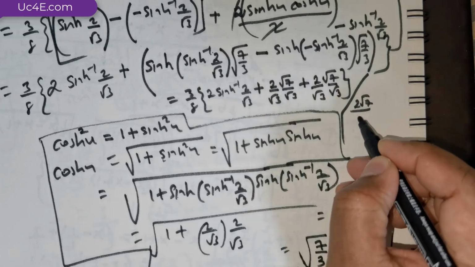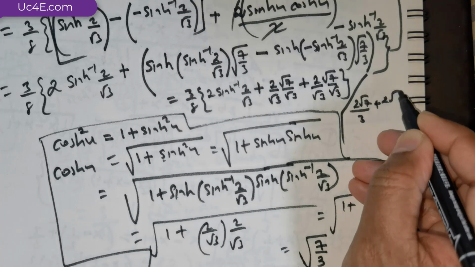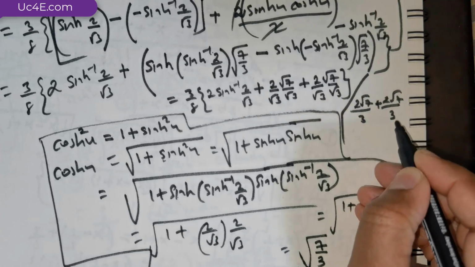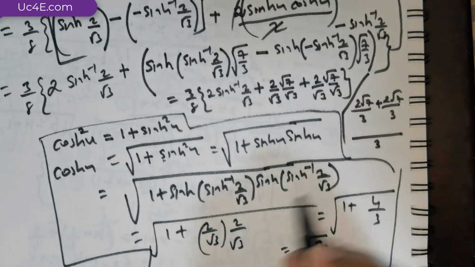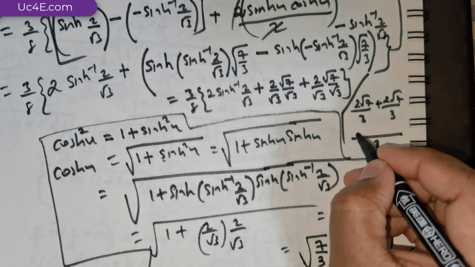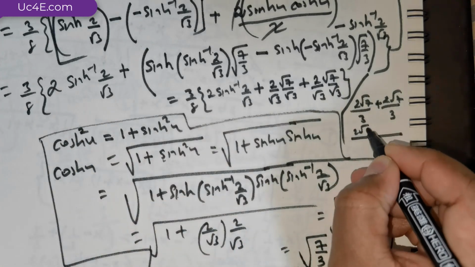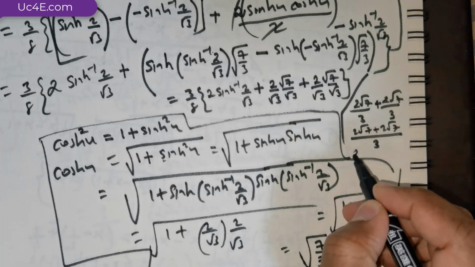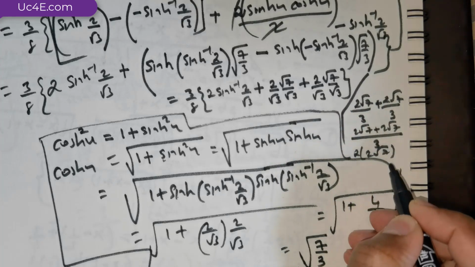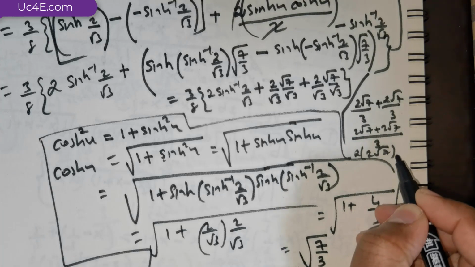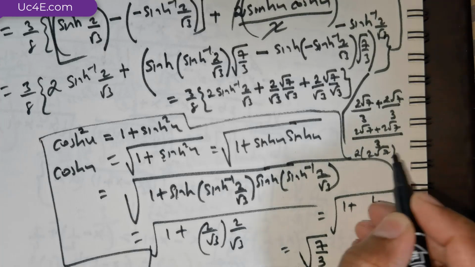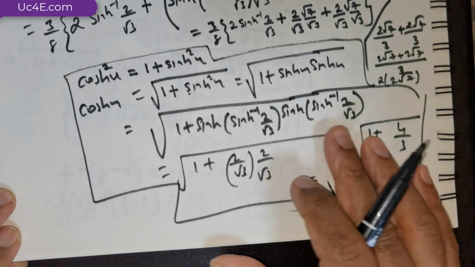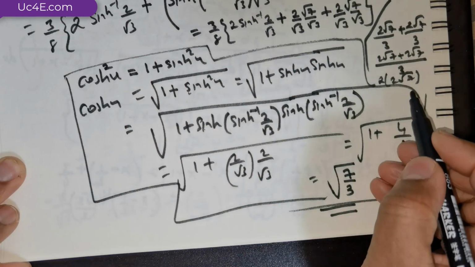Root of 3 into root of 3 gives me 3. Positive 2 times root of 7 divided by 3. If I were to take LCM as 3, this is going to give me 2 times root 7. Positive 2 times root 7. So you add them both. It's going to be 2 times of 2 times root 7, which is going to be 4 times root 7.